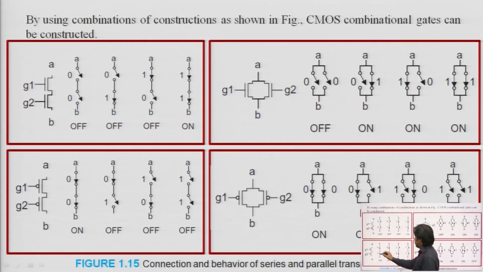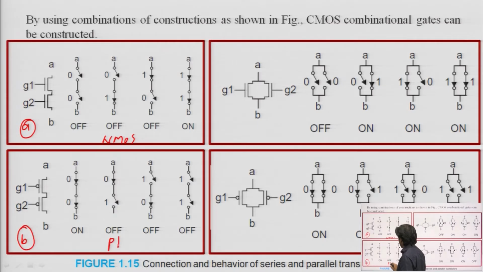First we will talk about this A and this B, because both are in series combination. This one is NMOS and this one is PMOS, clear. So, G1 and G2 are my inputs.